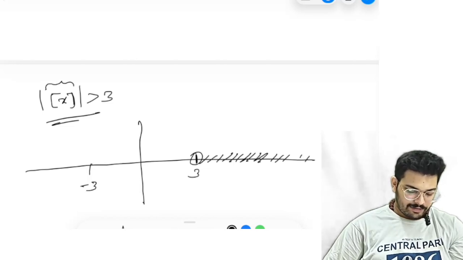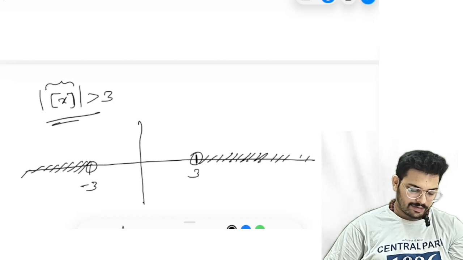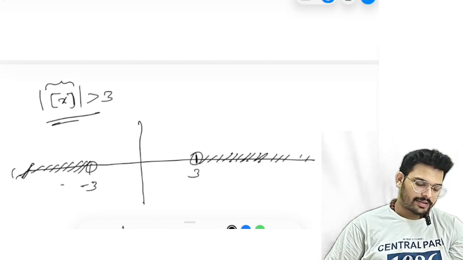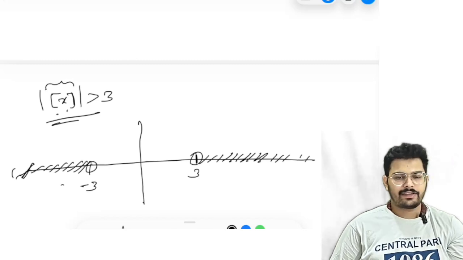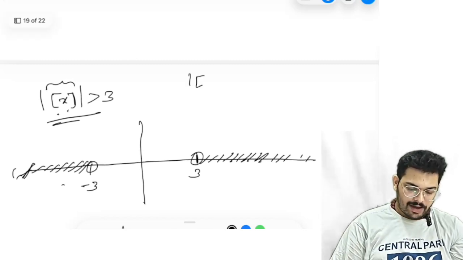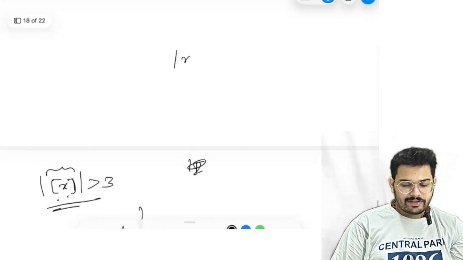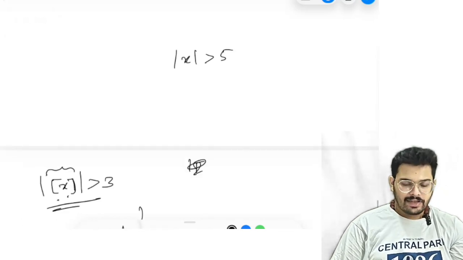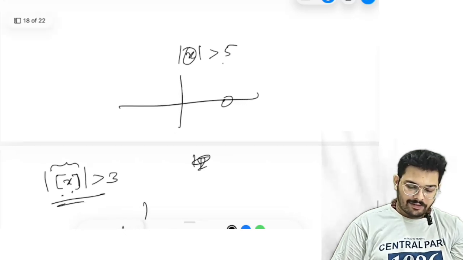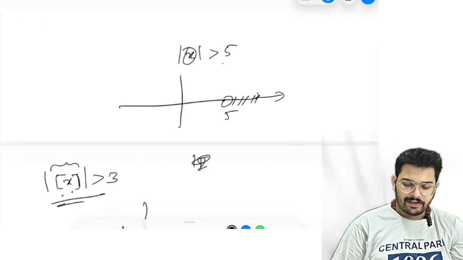So from minus 3, if you take a value, suppose you put x equal to minus 4, then box x will be minus 4, and its absolute value is greater than 3. Suppose mod of x is greater than 5, which means the absolute value of x is greater than 5. So if you take a number from 5 to infinity, it will satisfy.